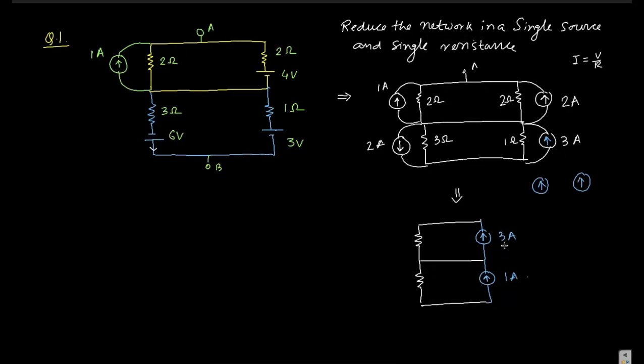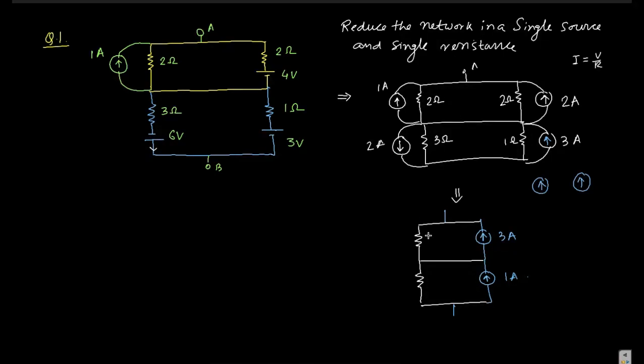Now here you consider the current source with, what kind of resistance is this? A parallel resistance. So a current source with a parallel resistance can be converted into an equivalent voltage source and series resistance. So for the upper part, these two 2 ohms are parallel.